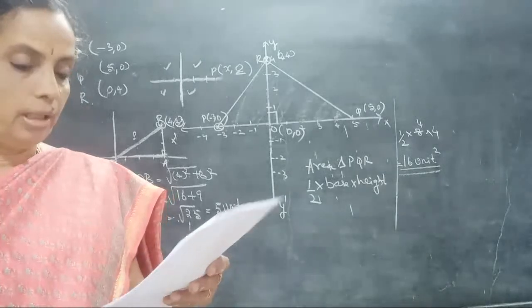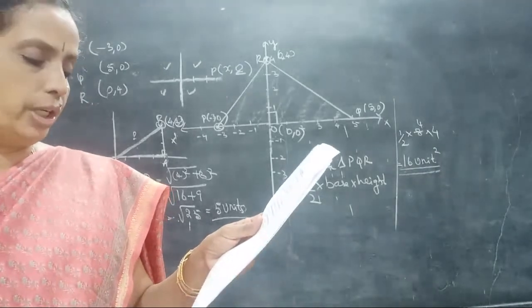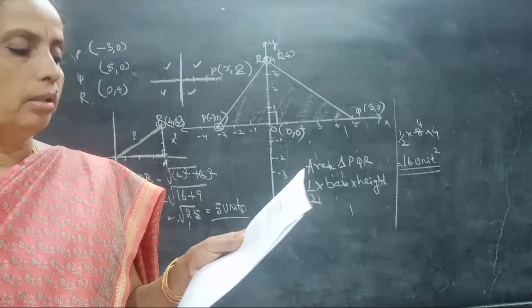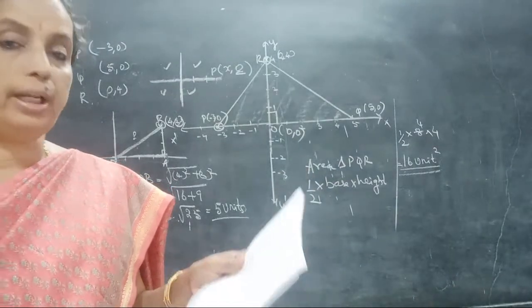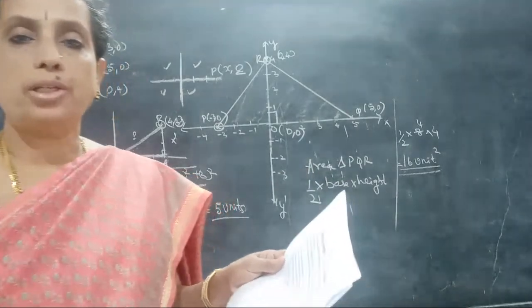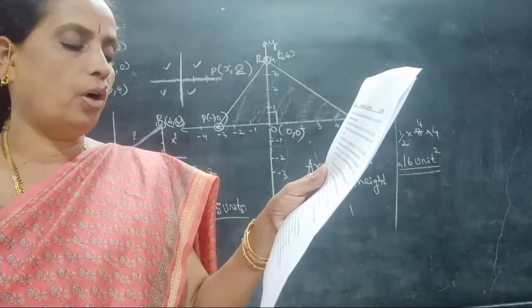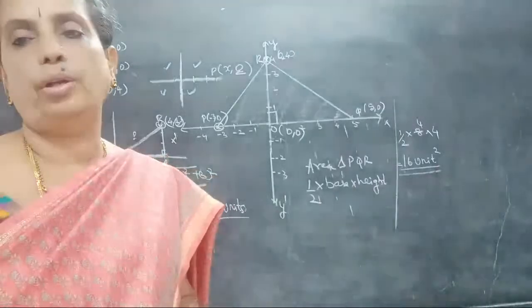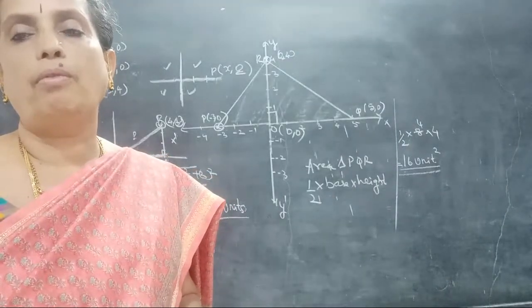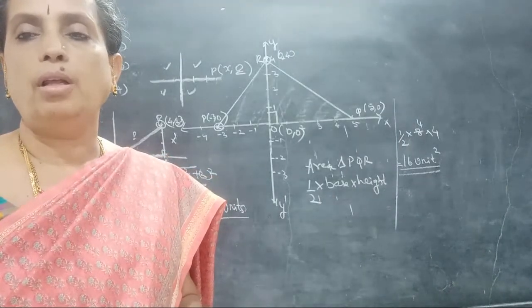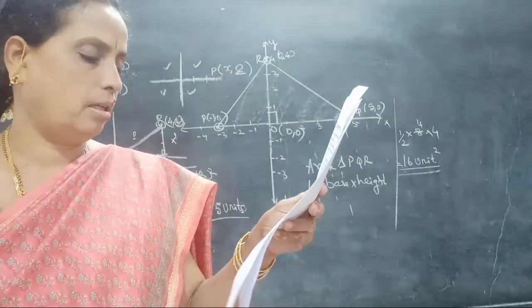Coming to the second worksheet, 11th question. The first ten questions you can answer; I am just going through this 11th question. The point (0, 5) lies on the y-axis.